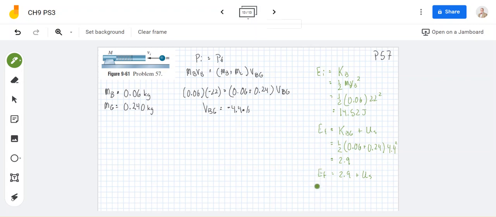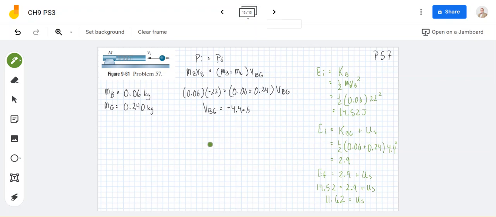So if I subtract, I end up with 11.62 is equal to the spring energy. So it says what fraction, what's it saying?